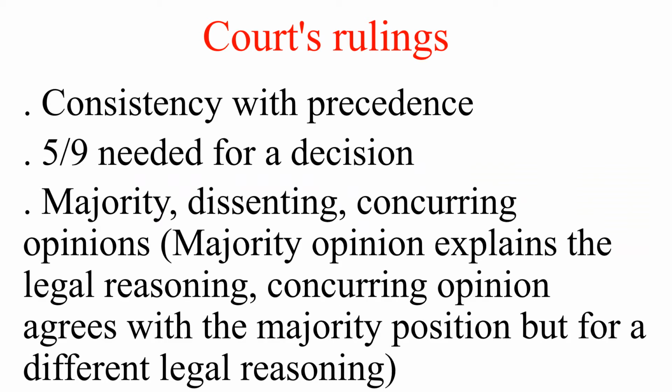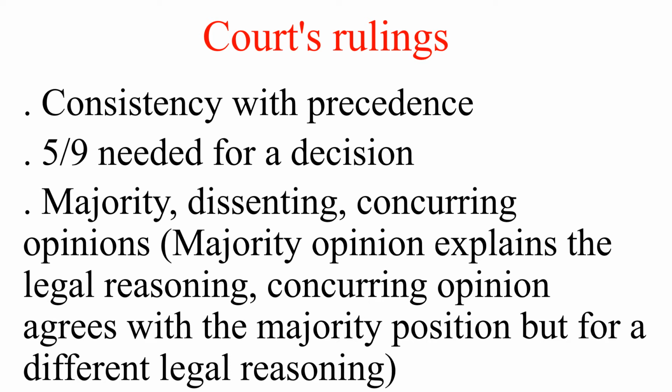In the court's rulings, they try to be consistent with precedents, which are the past court rulings, and the majority vote wins the decision, wins the case, as I mentioned. So 5 votes are needed, and 3 different types of opinions are issued: the majority opinion, the dissenting opinion or opinions, and concurring opinions.